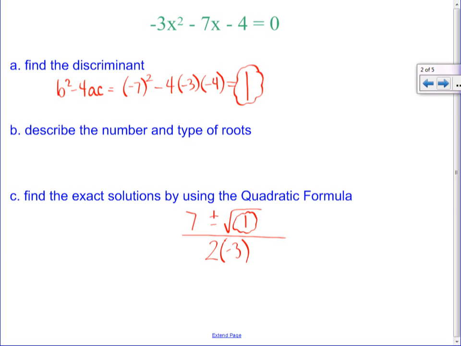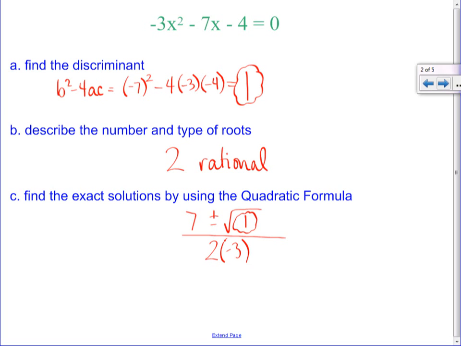No, how come? You can square root 1, and there's not a root there anymore. The square root of 1 is 1, so we're not going to get an irrational number with a really long unrepeating decimal. So if we get a number that's a perfect square, we're going to have 2 rational roots.